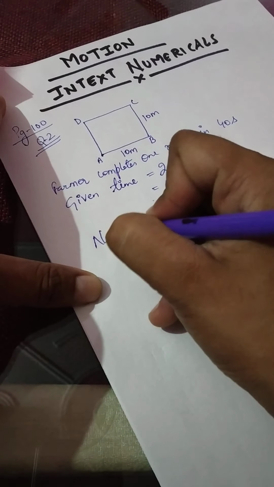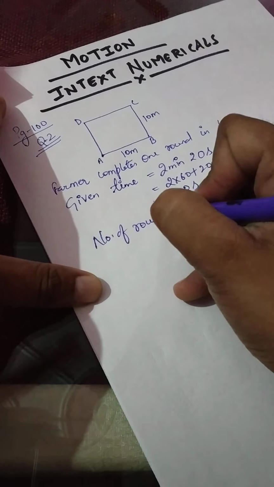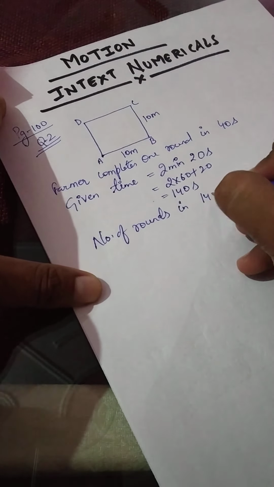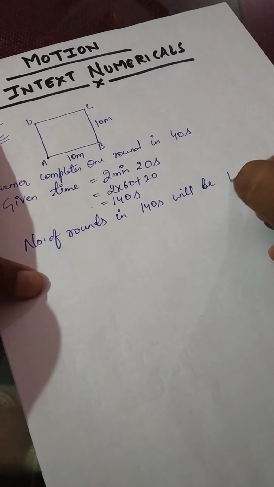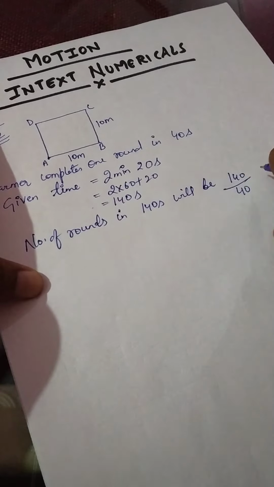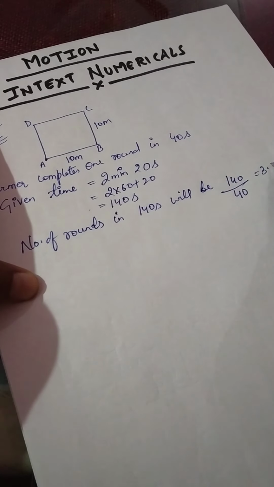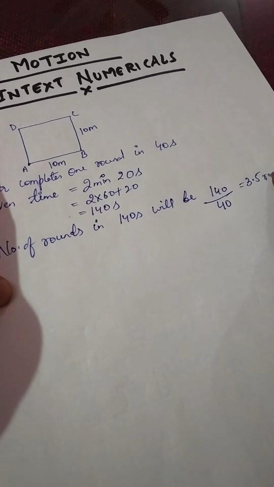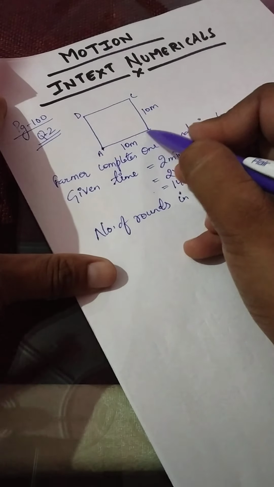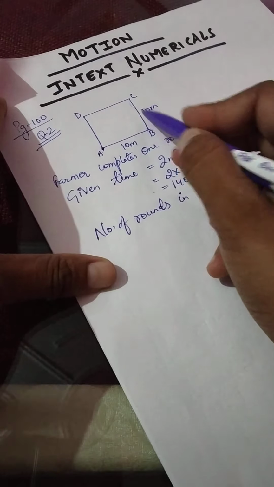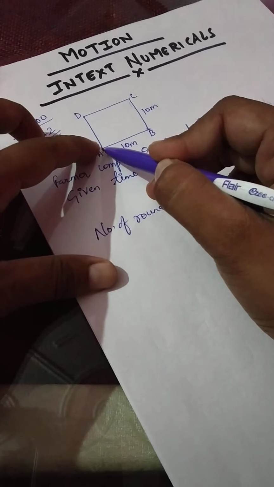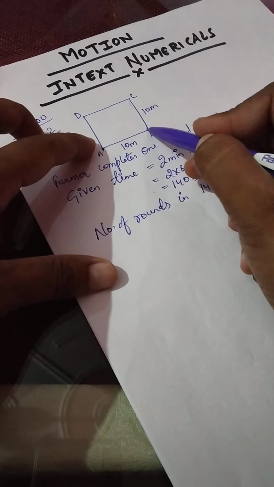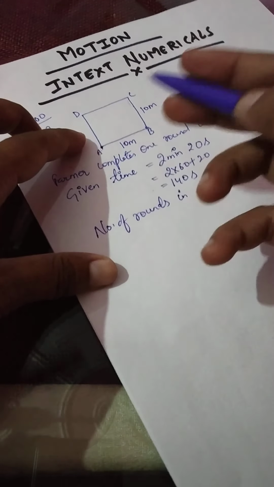Number of rounds in 140 seconds will be 3.5 rounds. So if the farmer starts from A, it will complete 3 rounds and it will cover one more half round. So it will stop at C.